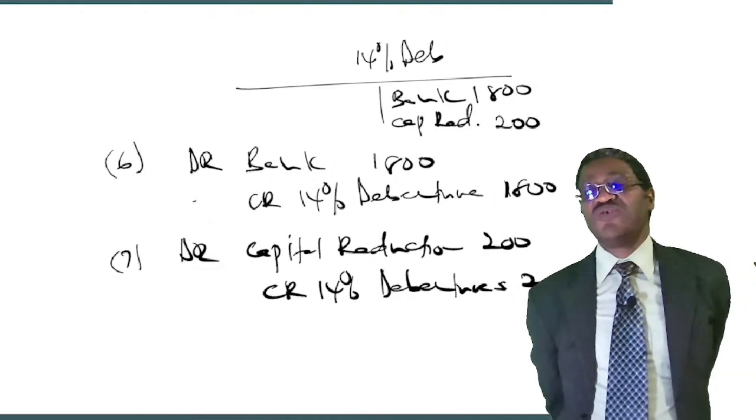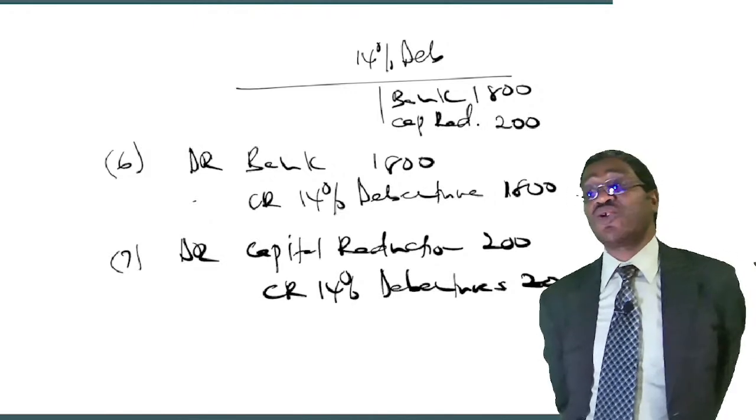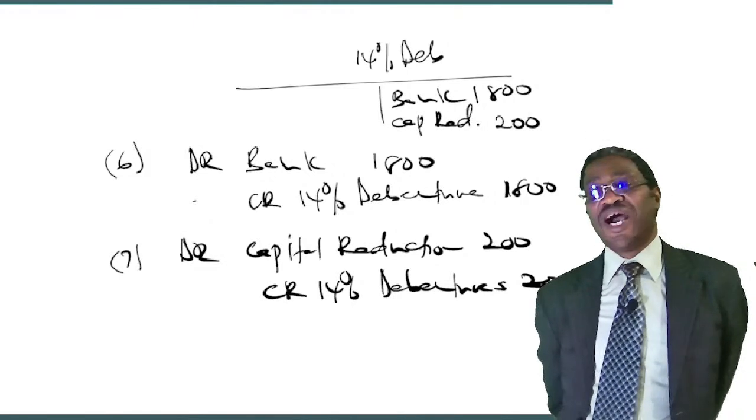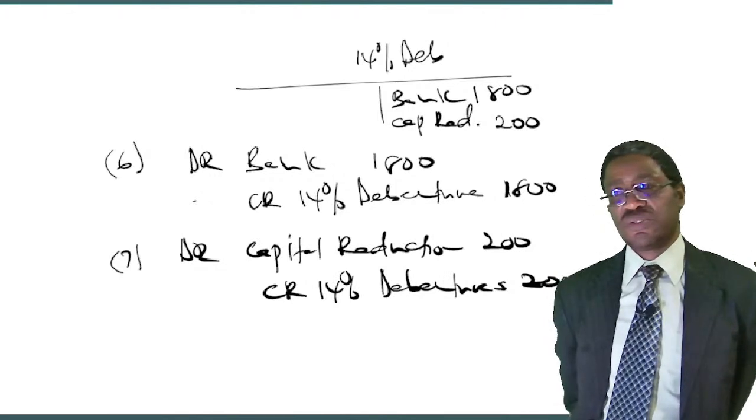So that's why we are saying you debit capital reduction. Otherwise, in a normal operating business, I would have debited an account called discount on debentures.